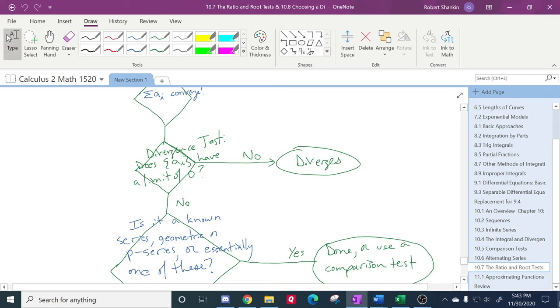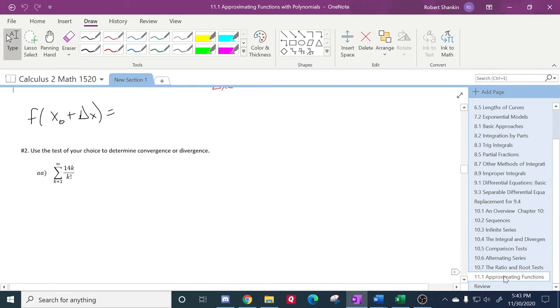And this one, let's pop back to here, clearly passes the divergence test because the denominator is getting huge quickly. K factorial is one of the fastest growing. It's way faster than even an exponential function. And the top is just a linear function. So it's driving to 0, passes the divergence test.